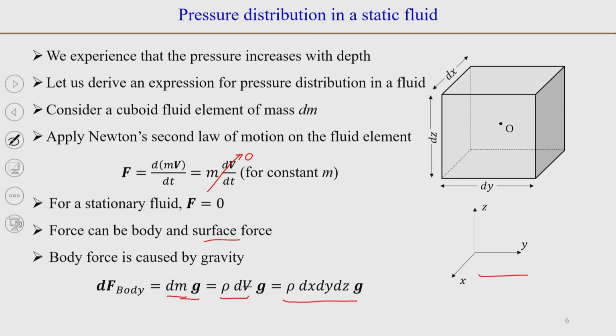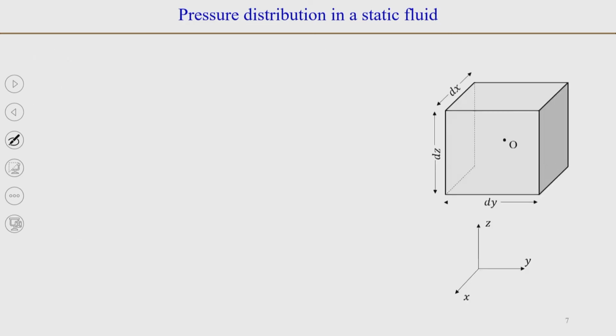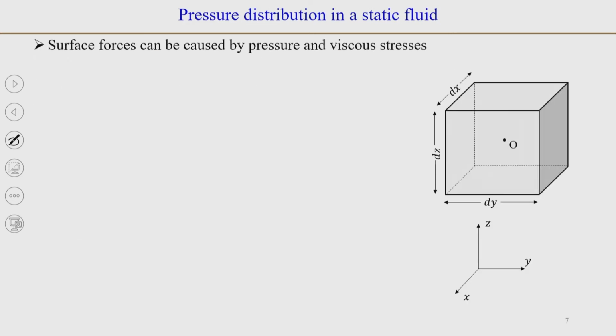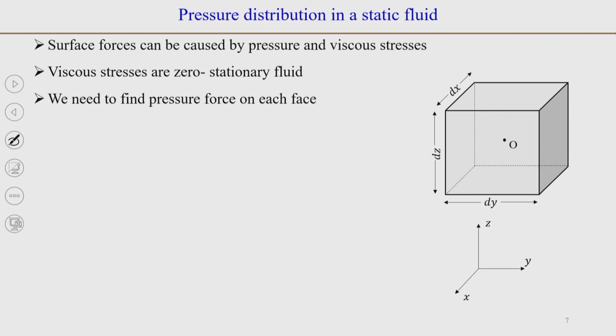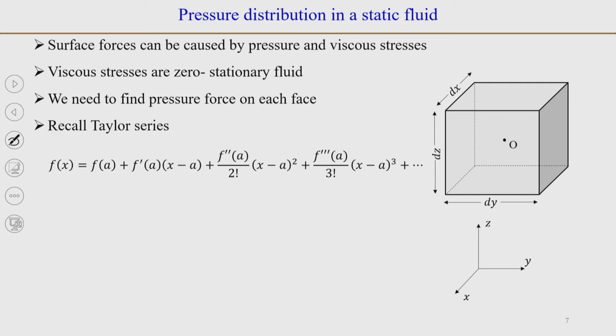Now, we need to calculate the surface force. As I said, the viscous stresses are going to be 0 for a stationary fluid. Now, we need to find the pressure force on each face. So, let us assume that the pressure at the point at the center of this fluid element, which we call point O, is p.